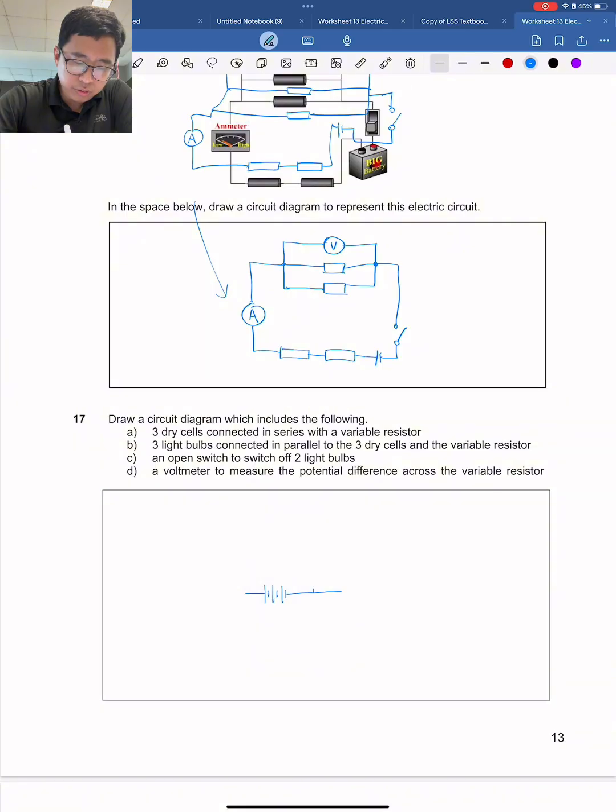First you have this in series. Then after that we want to connect the three light bulbs in parallel. So you have your one light bulb in parallel, two light bulbs, three light bulbs.